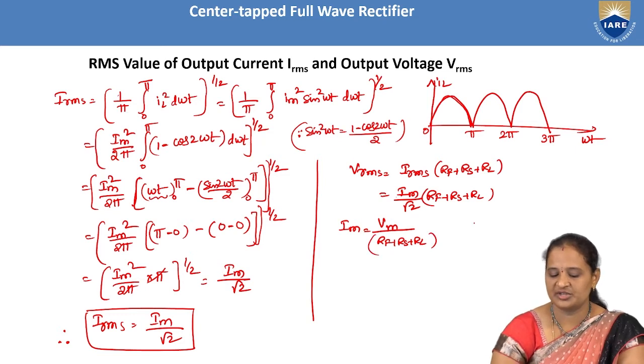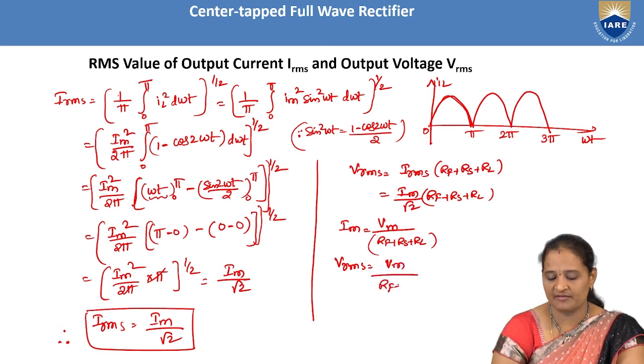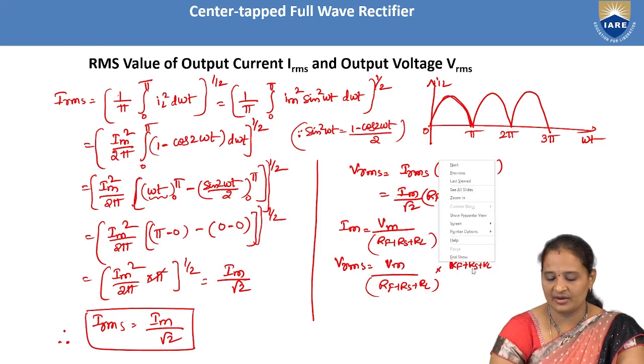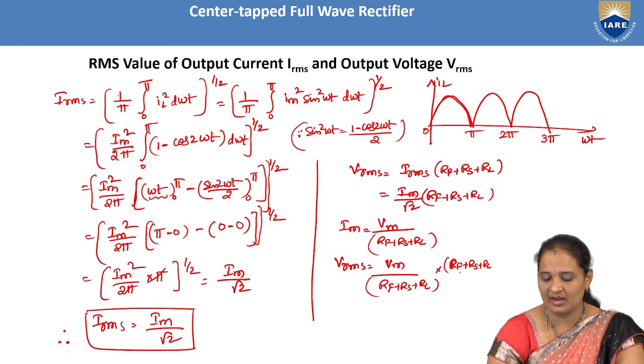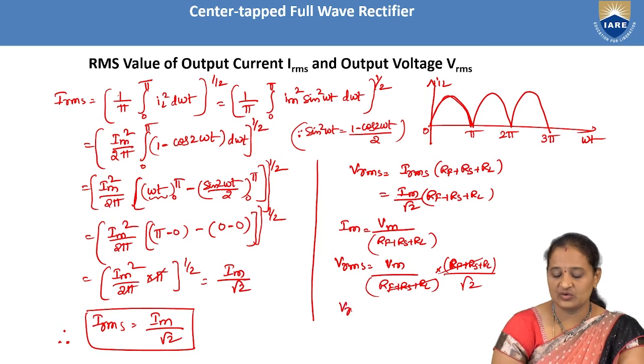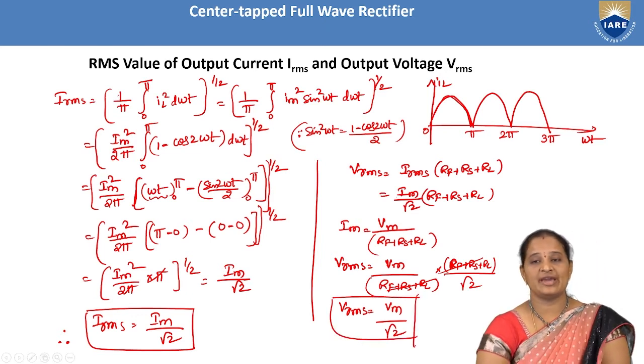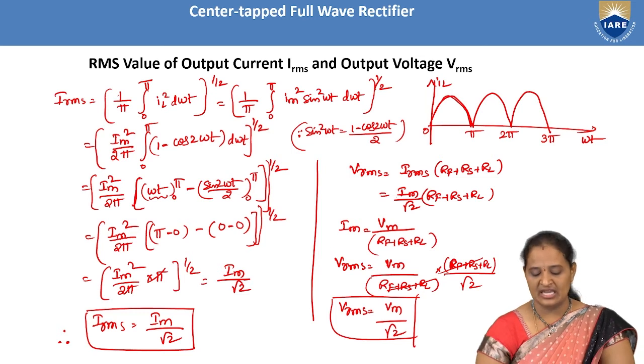So now just substitute this in the above equation. Then VRMS is equal to Vm divided by Rf plus Rs plus RL, into Rf plus Rs plus RL divided by root 2. So this gets cancelled. So the VRMS value is equal to Vm by root 2. This is the value of the RMS voltage across the load resistor, which represents the AC component.